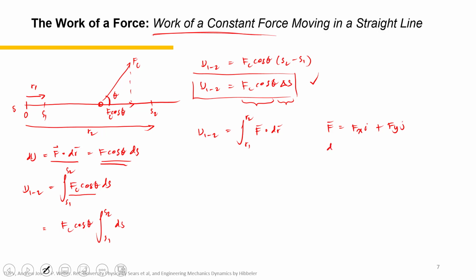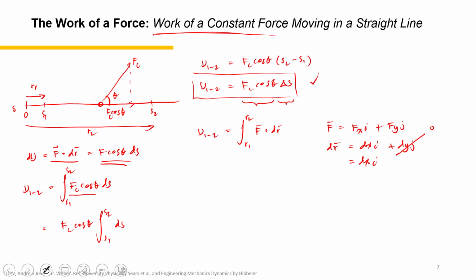For differential r, we could write generally dx i plus dy j. But since our positions R1 and R2 are in line with the x position, then we don't have a dy. We only have dx i.